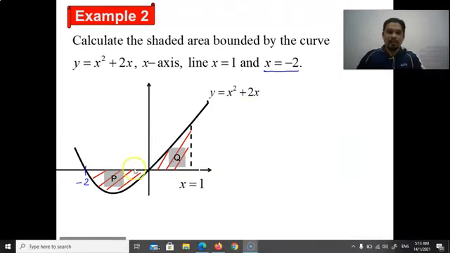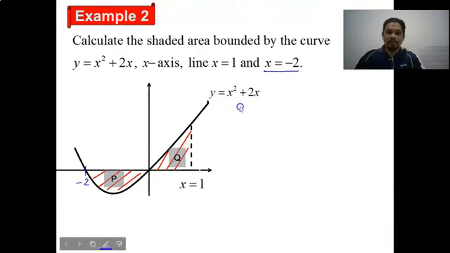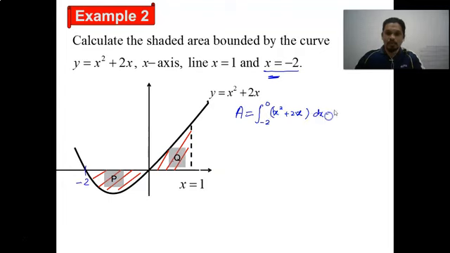Let's say I integrate, the area from negative 2 until 0 of the function x squared plus 2x dx, plus the area from 0 until 1, x squared plus 2x dx.